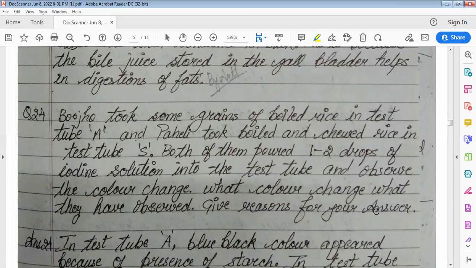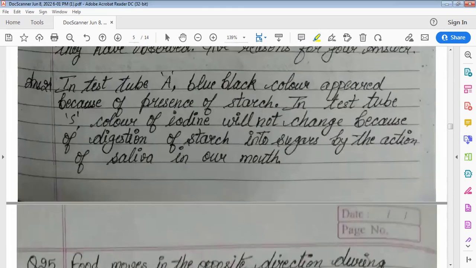Give reason for your answer. In test tube A, blue-black color appeared because of the presence of starch. In test tube S, the color of iodine will not change because of digestion of starch into sugar by the action of saliva in our mouth.